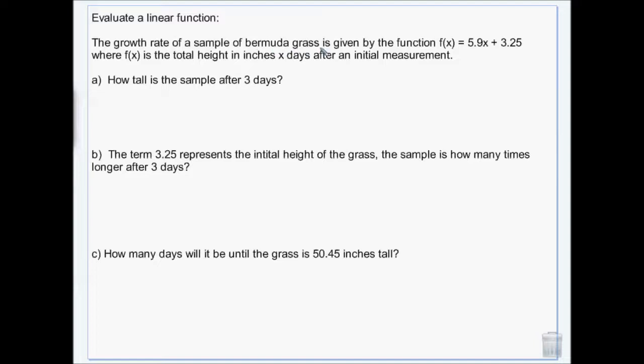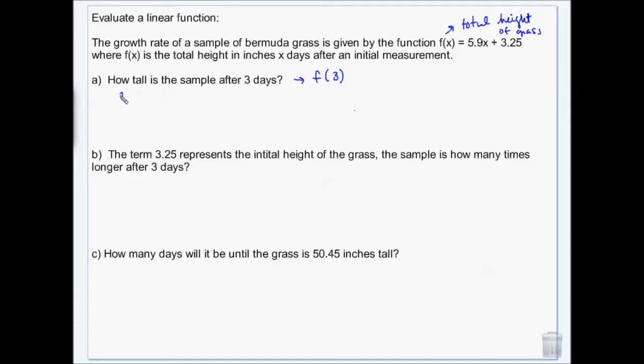The growth rate of a sample of Bermuda grass was given by the function f of x equals 5.9x plus 3.25, where f of x is the total height of the grass after x days. So how tall is the grass after 3 days? Well, that would be finding f of 3.